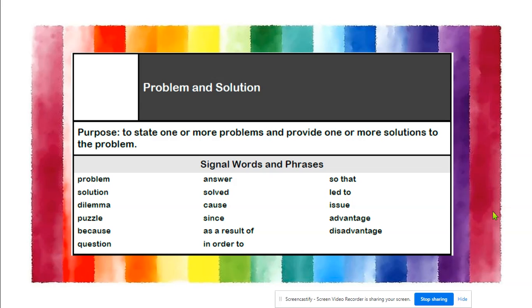Some signal words and phrases that you might catch when an author's using this structural choice are problem, solution, dilemma, puzzle, because, question, answer, solved, cause, since, as a result of, in order to, so that, led to, issue, advantage, and disadvantage. This is used to set up suspense for the readers, but also to have some kind of finality and conclusion in a certain spot in the text or at the end.